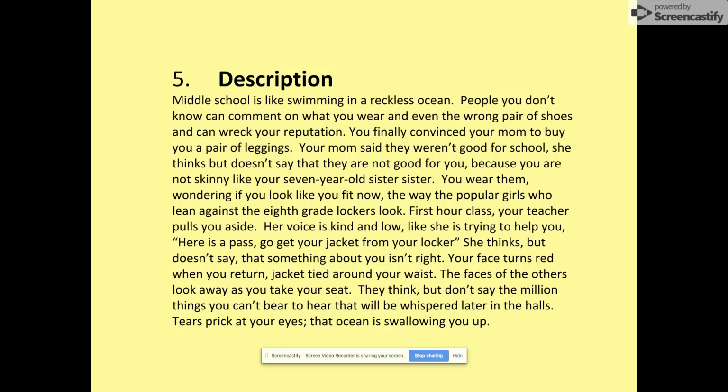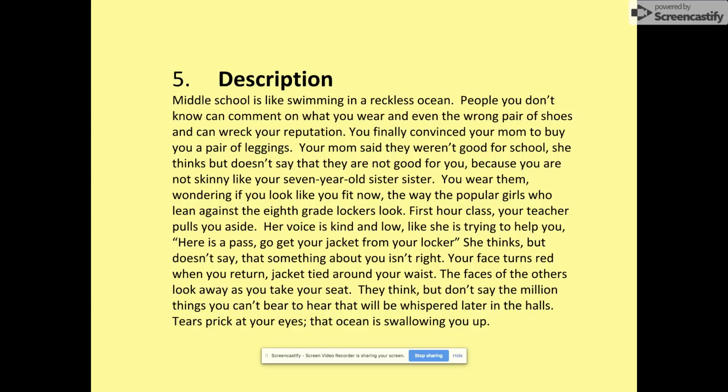First hour class, your teacher pulls you aside. Her voice is kind and low, like she is trying to help you. "Here is a pass. Go get your jacket from your locker." She thinks but doesn't say that something about you isn't right. Your face turns red when you return, jacket tied around your waist. The faces of the others look away as you take your seat.